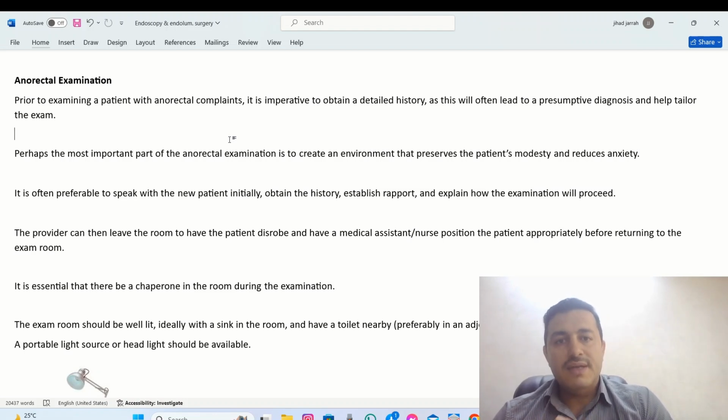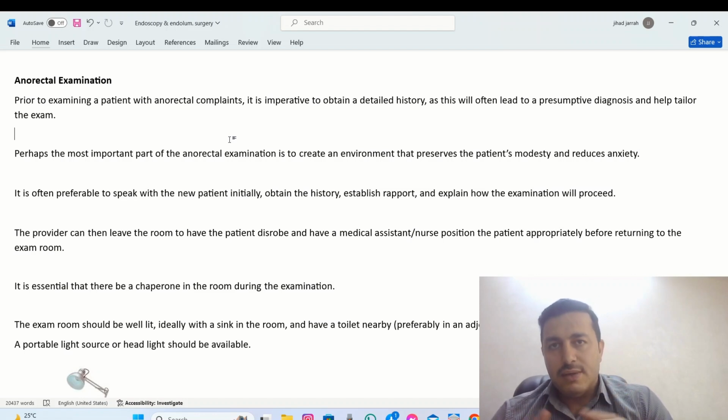The first step is taking a proper, detailed history. The history will guide my exam and it will reduce the anxiety of the patient. Of course, you are going to perform an anorectal procedure, so there will be some anxiety.